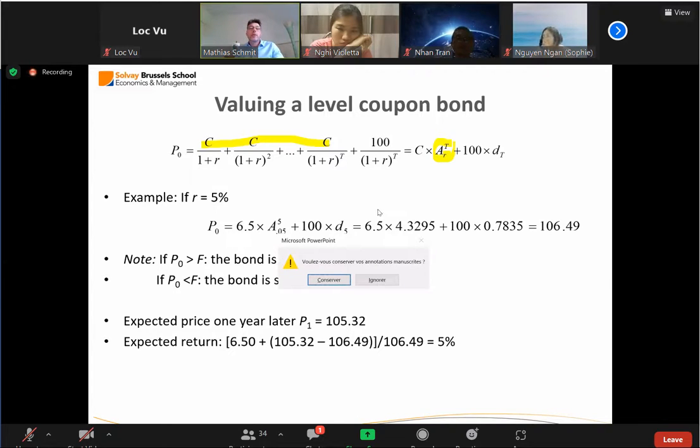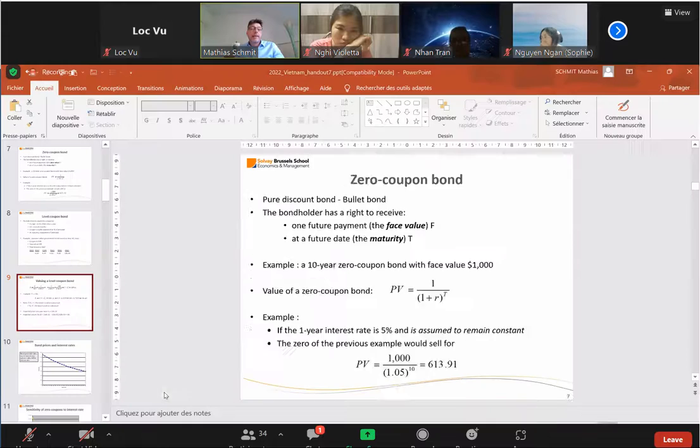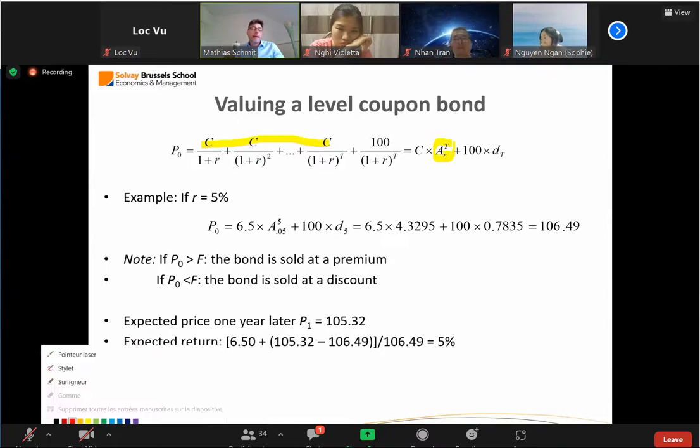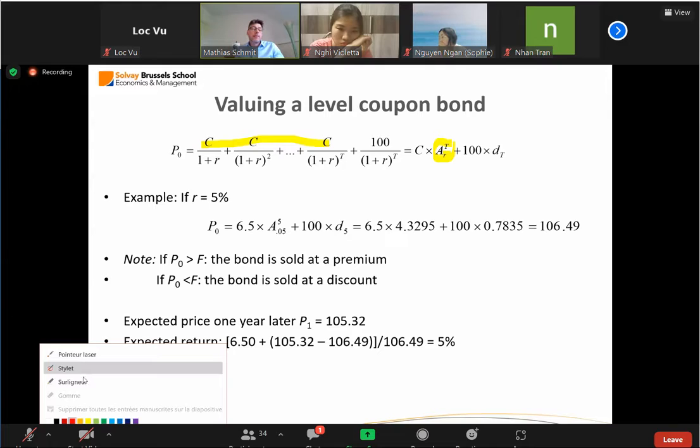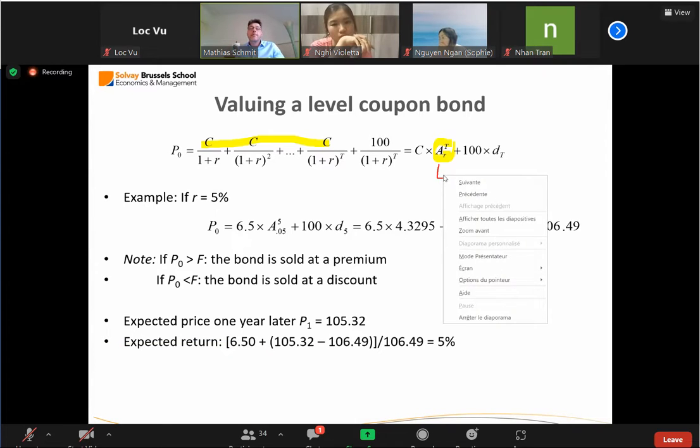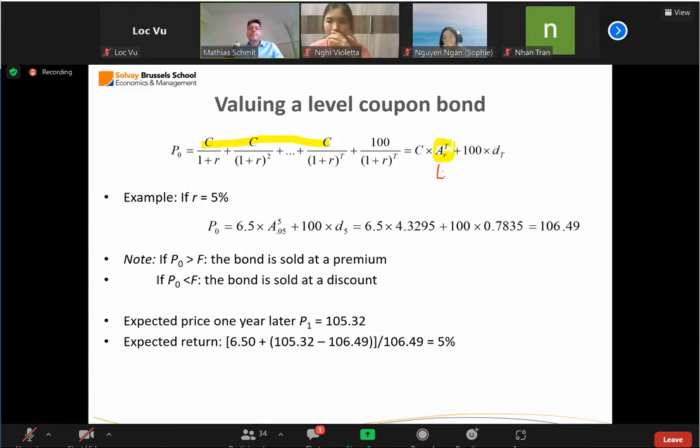So, I will write it. What is it? This is the annuity factor. And the annuity factor, what is it?